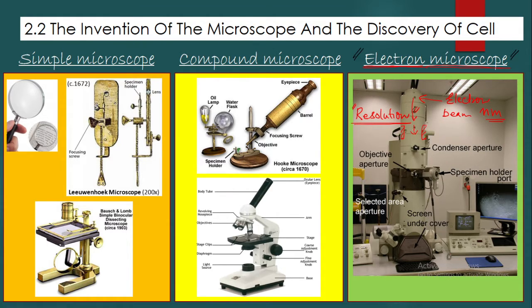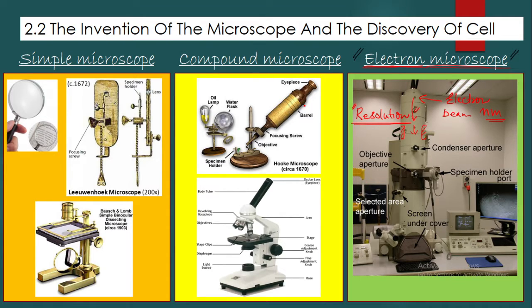Just like in the compound microscope and simple microscope, where we use the glass lens to focus the light, similarly in an electron microscope we use powerful magnets to focus the electron beam.